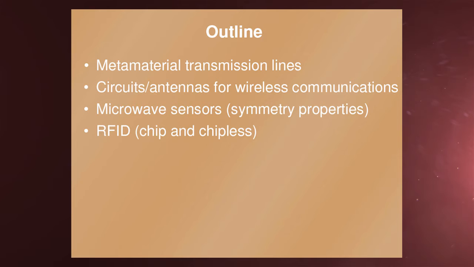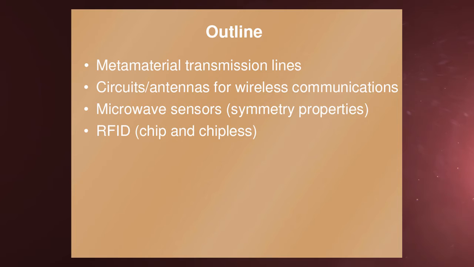After that, I will focus the attention on the use of these type of lines for the implementation of microwave sensors based on symmetry-related electromagnetic properties of transmission lines loaded with metamaterial resonators. And to end my talk, I will focus the attention on the design of some kind of chip-based and chipless-based tags for RFID.